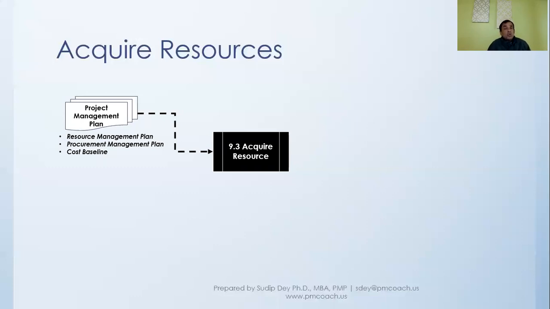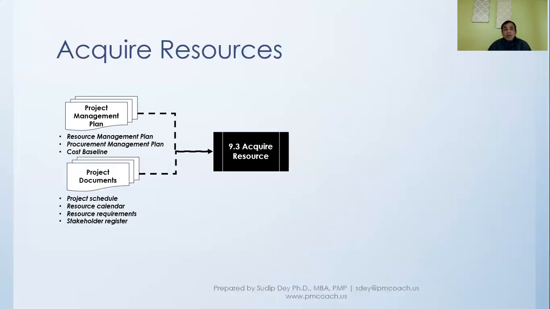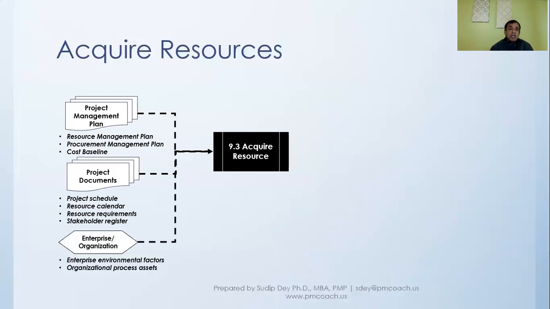Sometimes we'll acquire resources internally, sometimes externally, and if we are doing it externally, it is because we'll be procuring resources from external vendors. And of course, the cost baseline will tell us what our budget is and so on. We'll also have other inputs from project documents like schedule, calendar, resource requirements, stakeholder register, and of course, enterprise environmental factors and organizational process assets will be there.